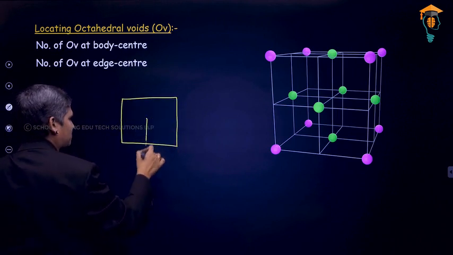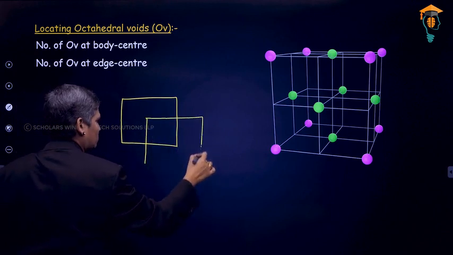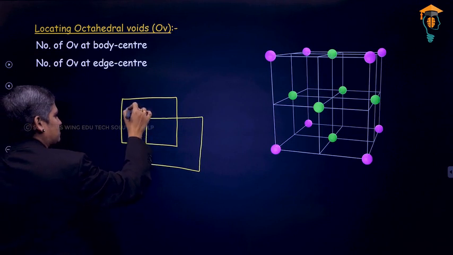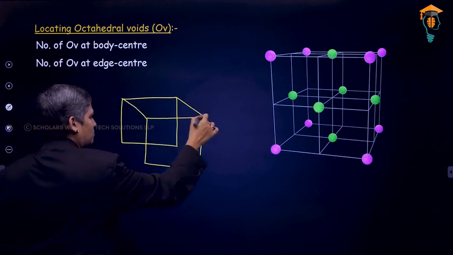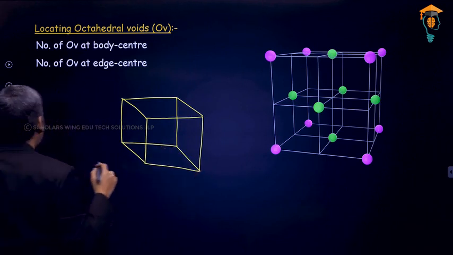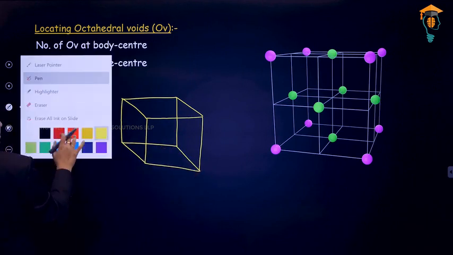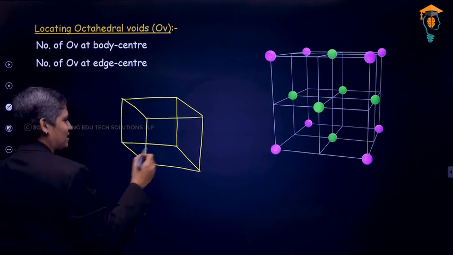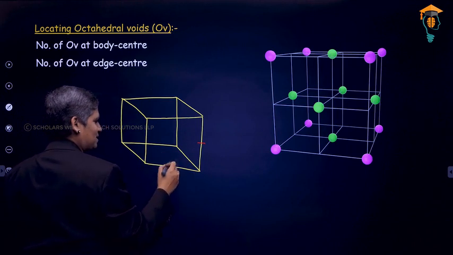Draw a square. And one more square. Okay. Join all these. Good. Okay, did we join? Now, what are the 12 edges? Right. This is 1. This is 2.